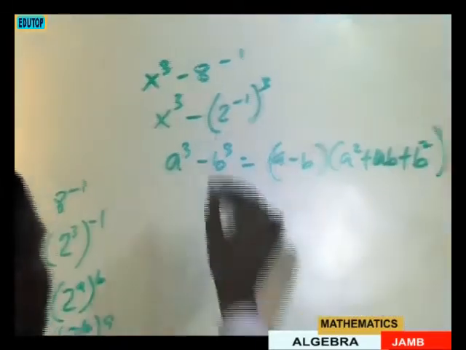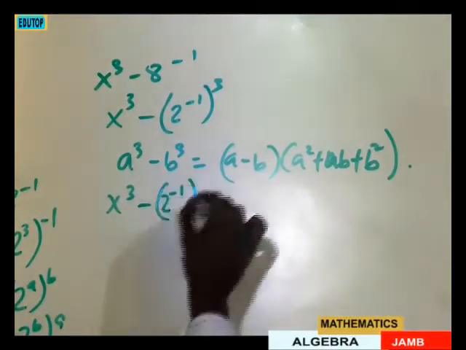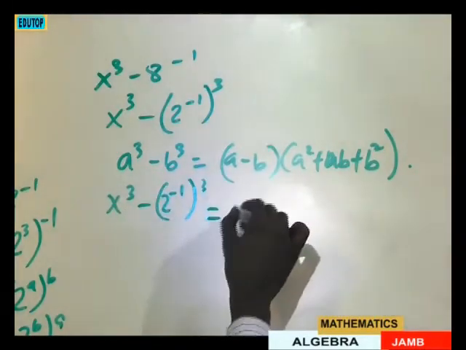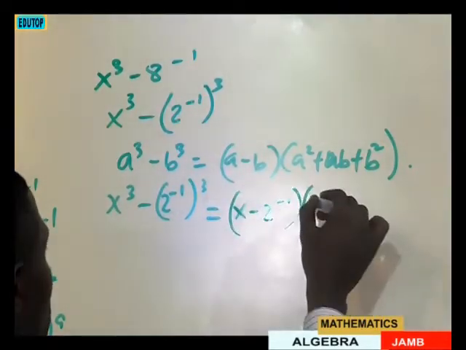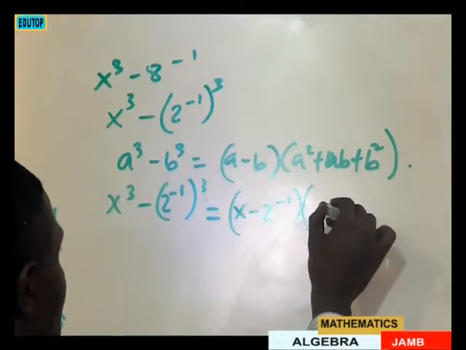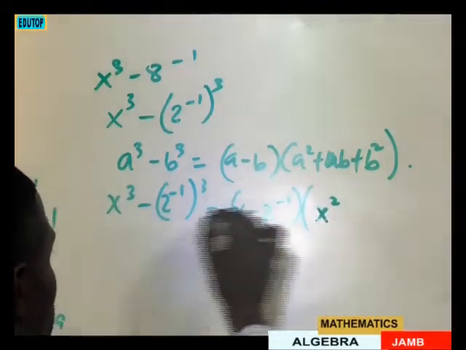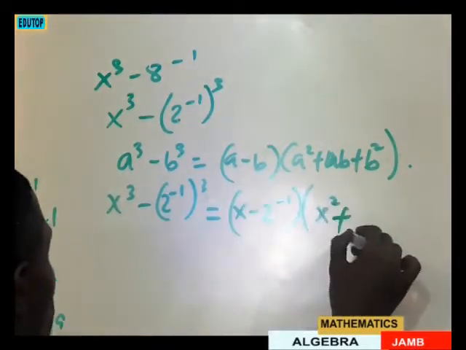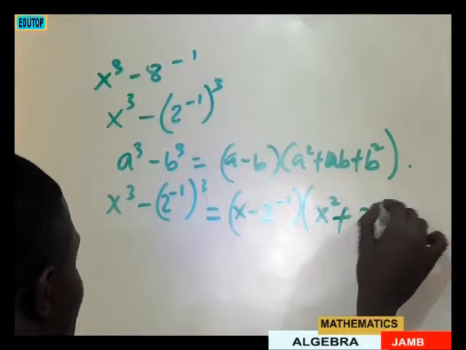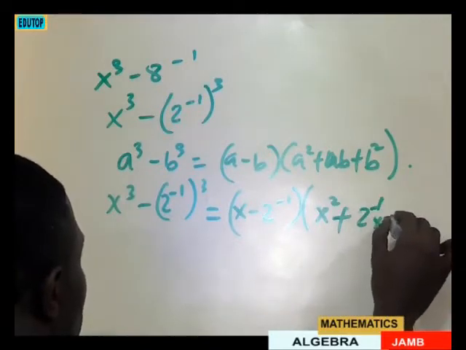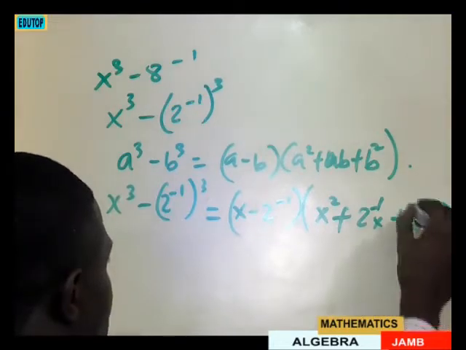Still remember, then that means I can apply this one as x cubed minus 2 into minus 1 all cubed equals x minus 2 raised to power minus 1 into x squared. Then you multiply them, so we have plus 2 minus 1 x plus 2 minus 1 squared.